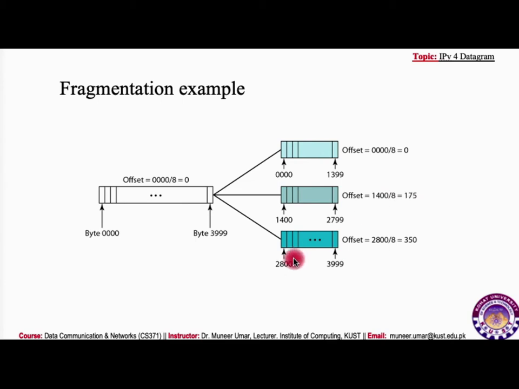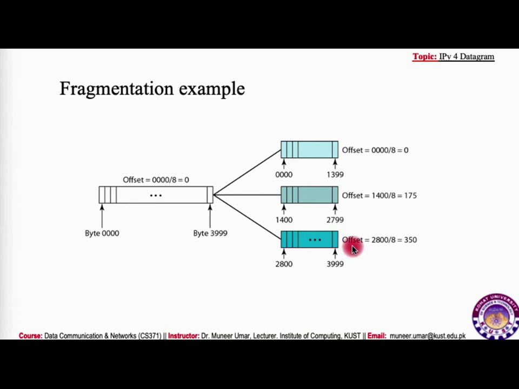Similarly, the third fragment starts with 2800 and ends on 3999, and the offset value for this fragment is 2800 divided by 8, which is equal to 350. Remember that the value of offset is measured in units of 8 bytes.